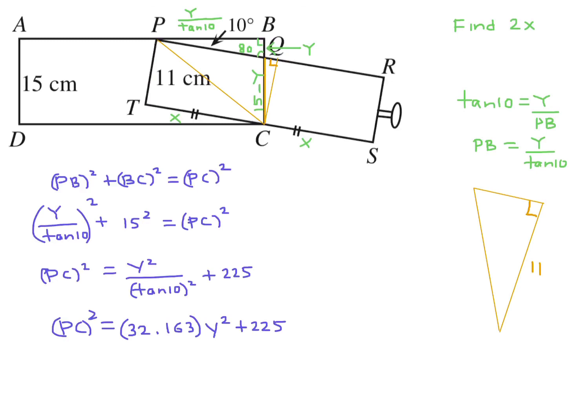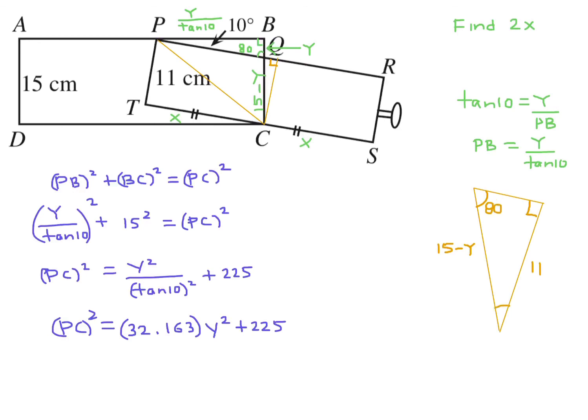And then this side, I figured out earlier, I gave it sort of a value of 15 minus y. Okay? And then this angle in here, we can figure out it's exactly opposite to the 80. I hope you can see that right there. So therefore, it's 80 degrees.